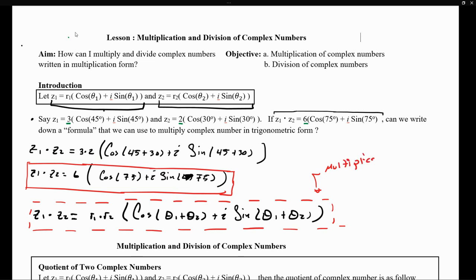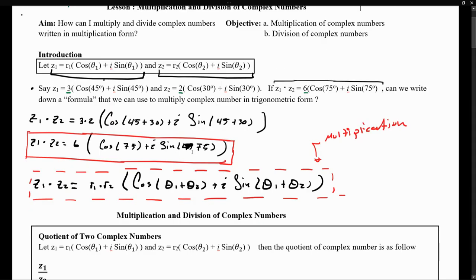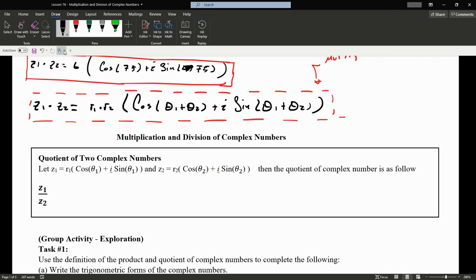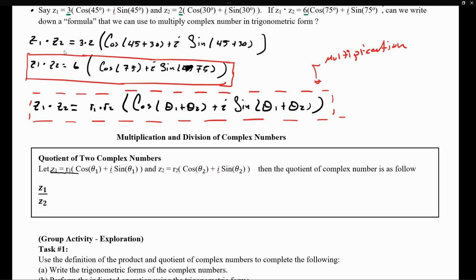So this is the multiplication. When we multiply complex numbers, all we've got to do is multiply the r's and add the degrees. But how does division work? Still the same idea. We have defined a complex number in this form, and we have defined a second complex number in here.